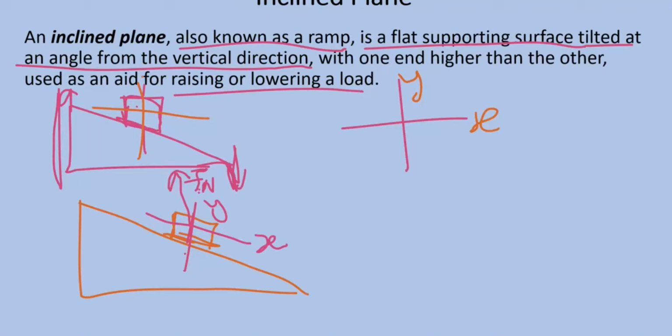And since the block here has an acceleration that's pulling this block, the block is also accelerating along the same X and Y direction. So when we have a block on a ramp, it has a normal force applied on it.